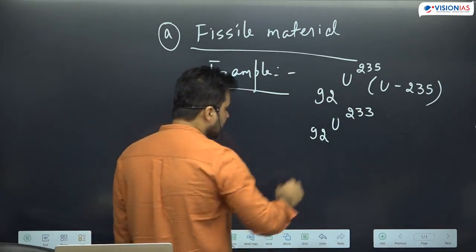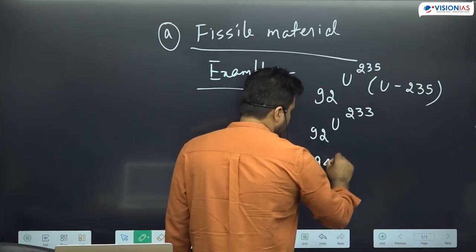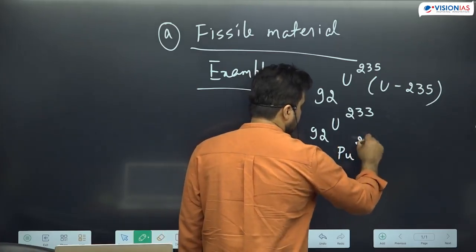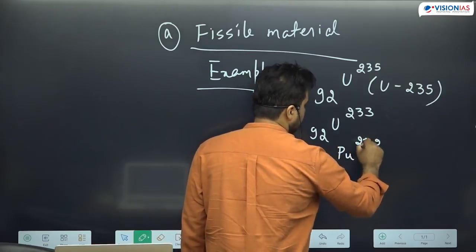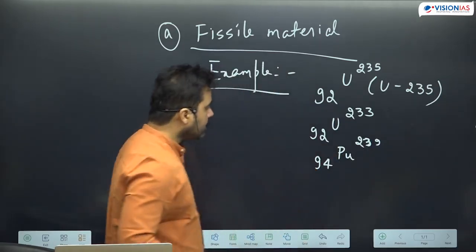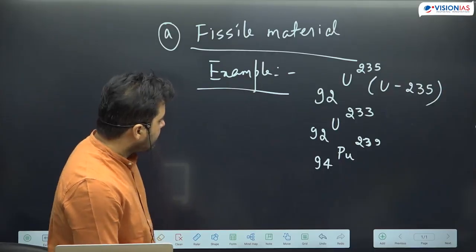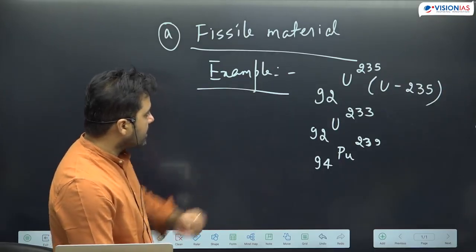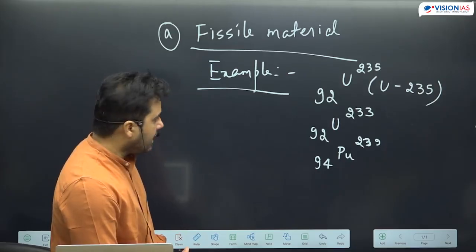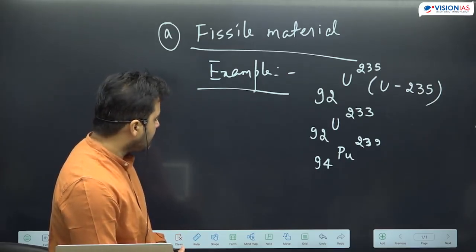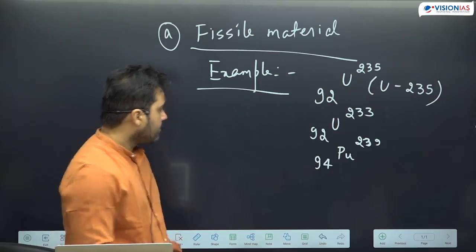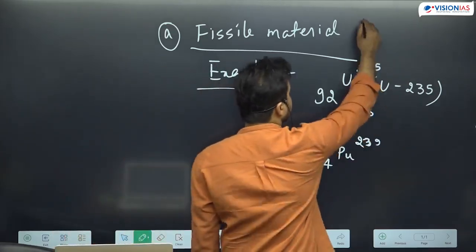Then you have another nucleus called plutonium. Plutonium has atomic number of 94, and one of the isotopes of plutonium which has atomic mass of 239 is also a very good fissile material. So this is plutonium. U is uranium.